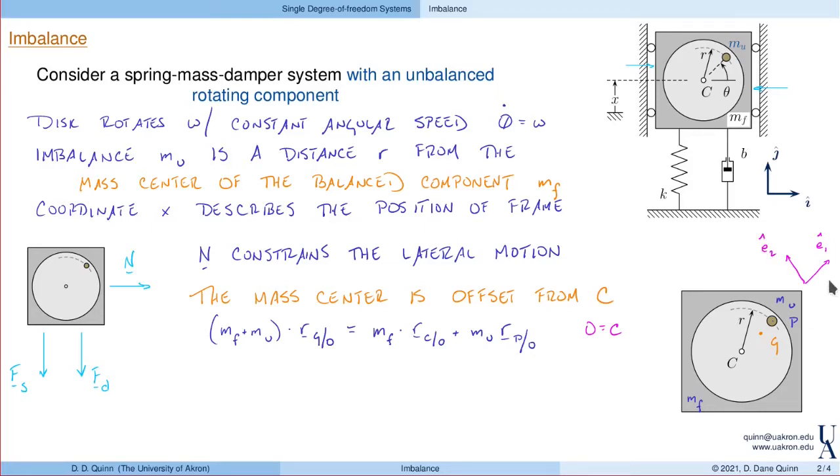And notice that this is oriented by an angle theta from horizontal and vertical. So continuing on, mf plus mu, times the position of G with respect to C. Let's call that rho. And so here, rho is going to be this distance.